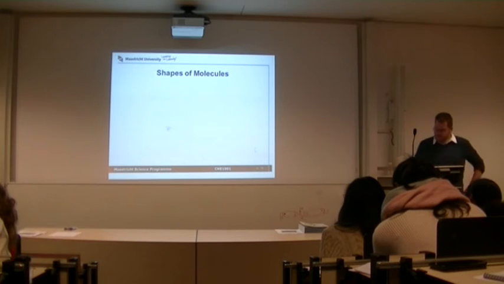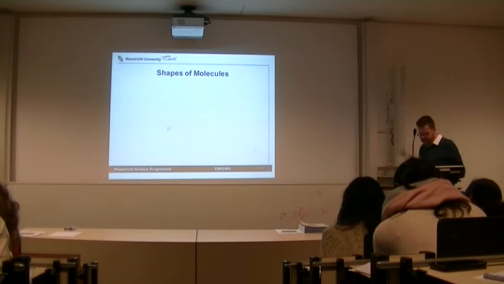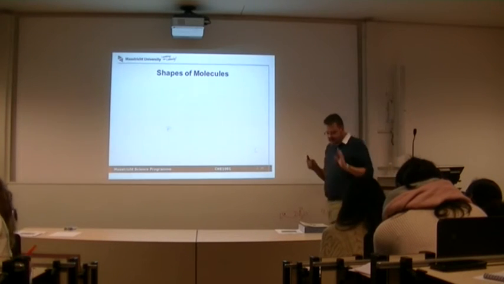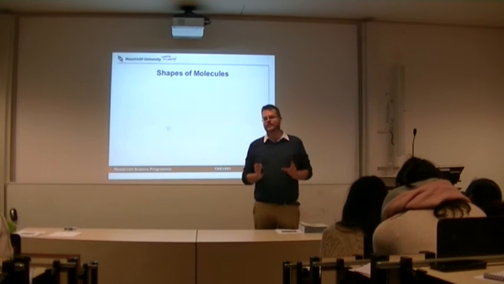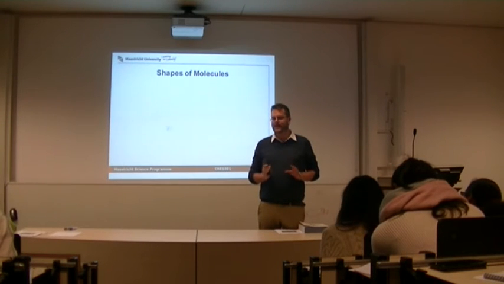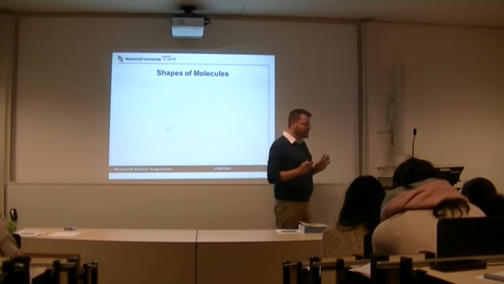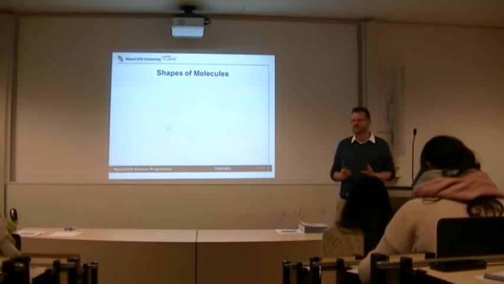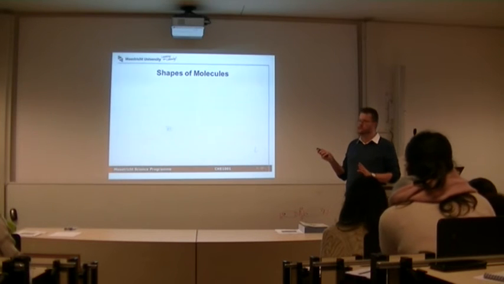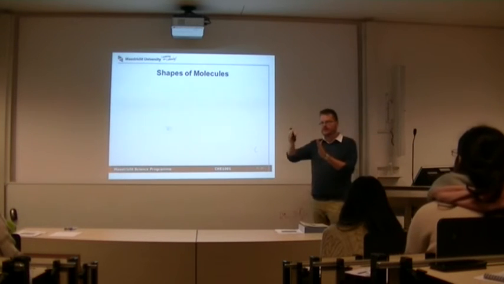Now, I'm going to get to essentially the last topic today, and I again cannot stress the importance of this. This is of paramount importance. First of all, if you cannot draw a Lewis structure properly, you can't do this. So the one builds on the other.